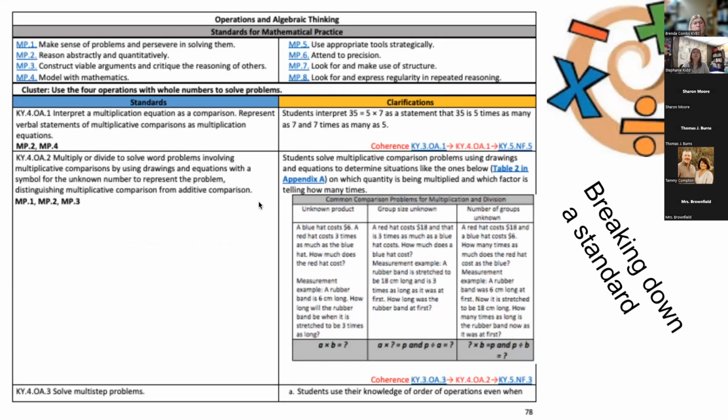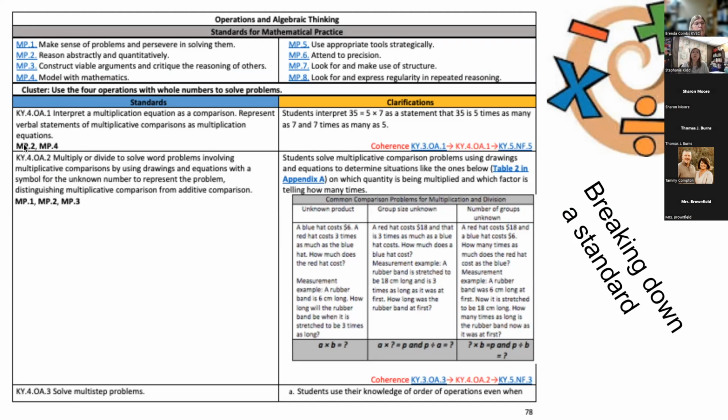Now, this is an actual one of our breaking down our standards, and I want to just talk to you real quick. Like I said, every standard here has these math practices at the top. The great thing about the math practices is you can click on these and it will tell you what they are. The other thing about our standards is it tells you which math practice you're going to mostly be using, right?